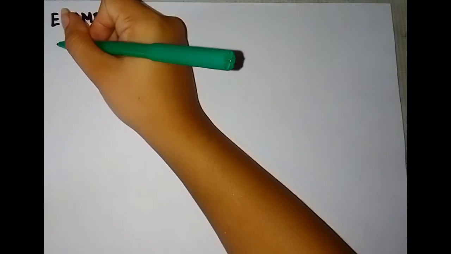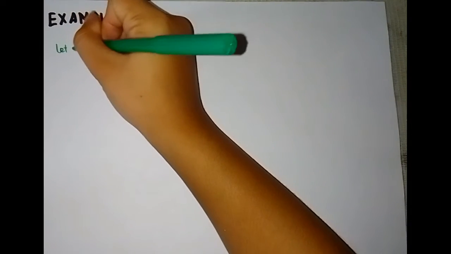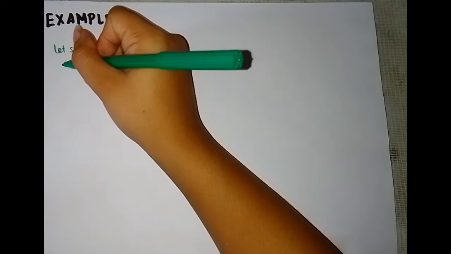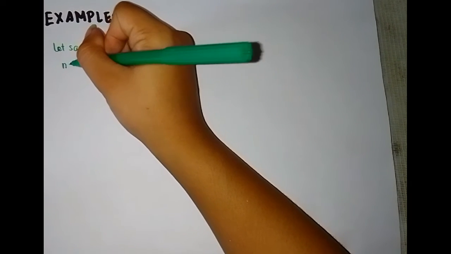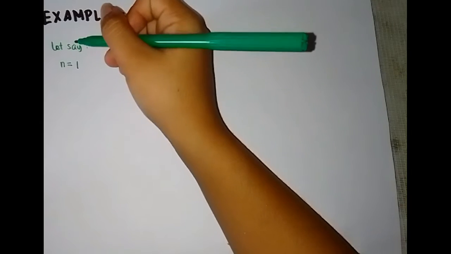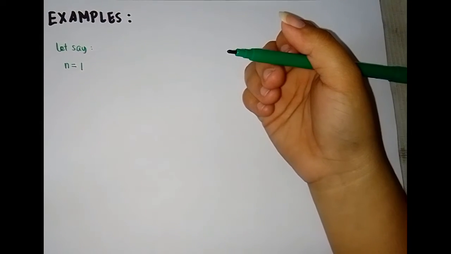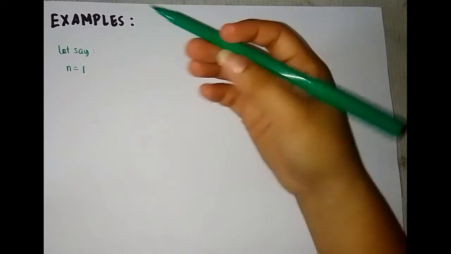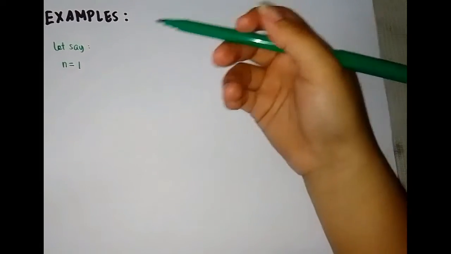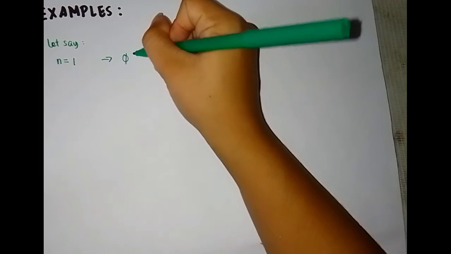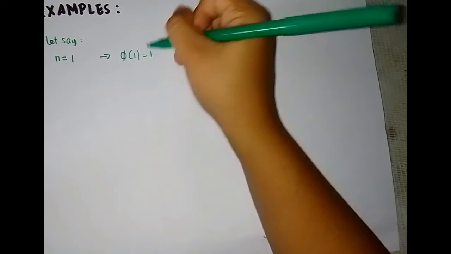So let's say n equals 1. Since the only positive integer not exceeding 1 and relatively prime to 1 is 1, phi 1 is equal to 1.